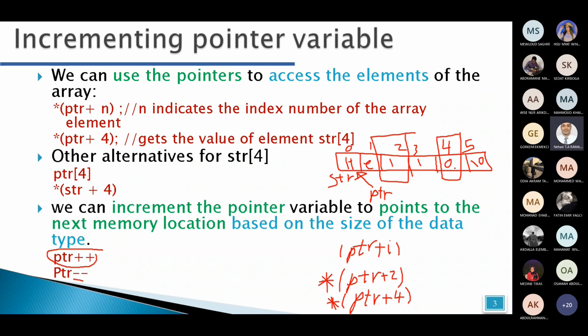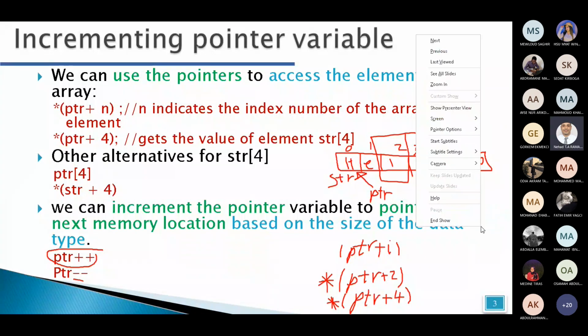Star means value. ptr plus 4 means point here, so the value pointed by this pointer, which is 0, here, and so on. Actually, we have now 4 ways to reach any element of the array.